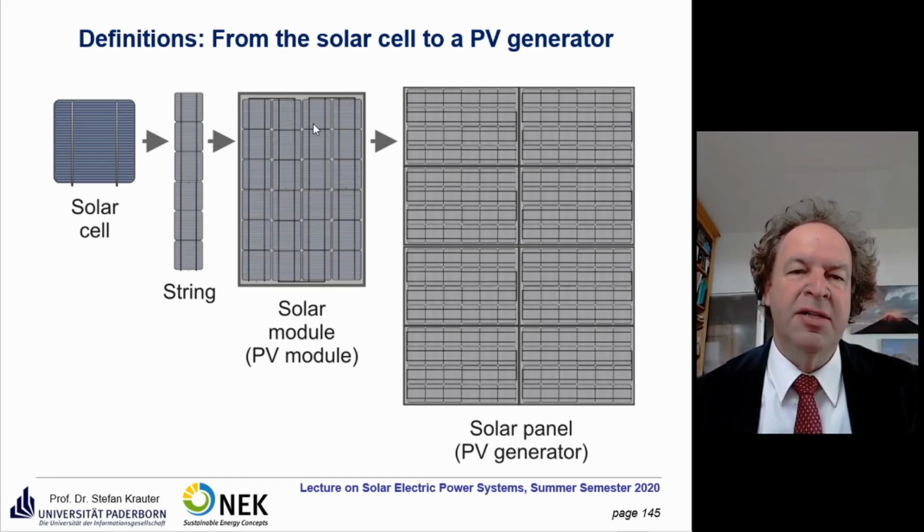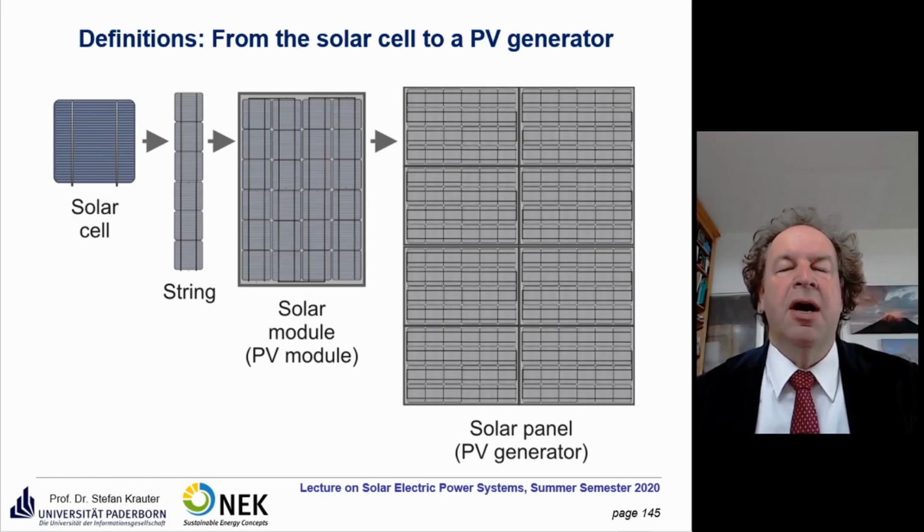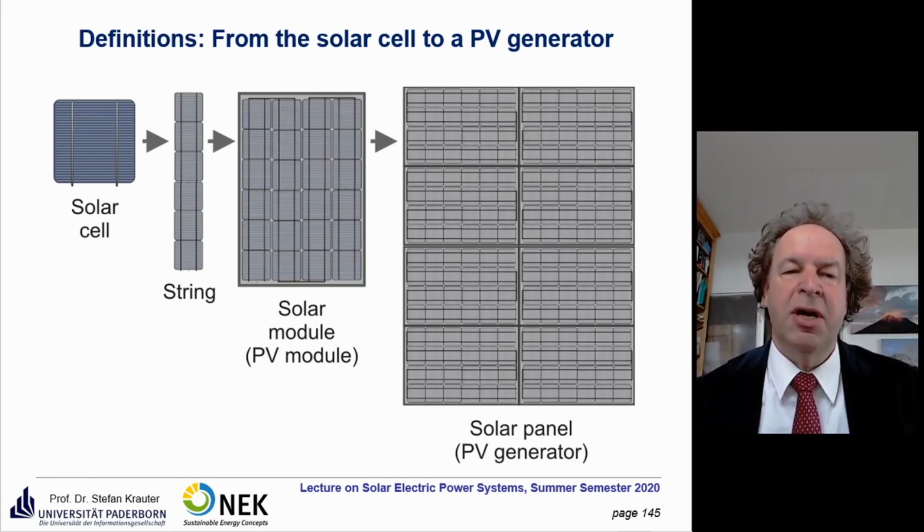And so if you take a look at some brochures, you find modules with different power values, which look pretty much the same. This is due to the sorting. So you'll find modules with 390 watts, 395 watt, 400 watt, and 405 watts, and so on. This is due to the sorting, this serves to avoid losses caused by single cells, which may block the total current of the module.